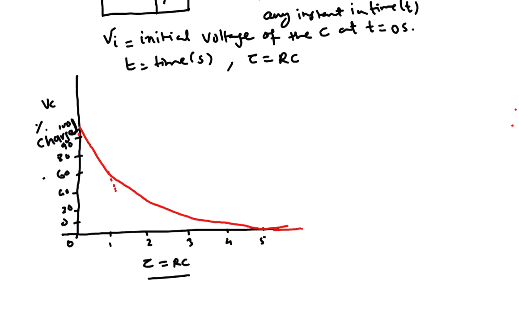Let's undo that. Somewhere here, like at 36 point something. So here we'll see that this axis actually is wrong. So let me draw it well.